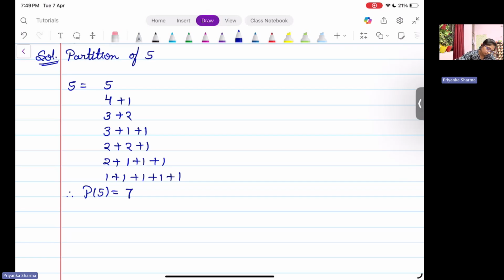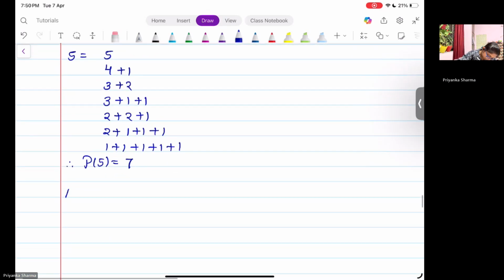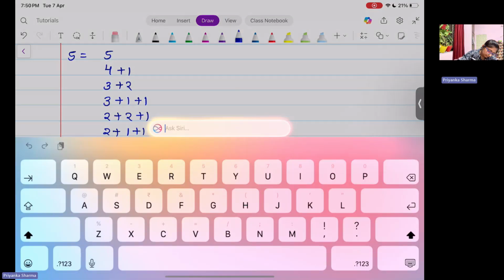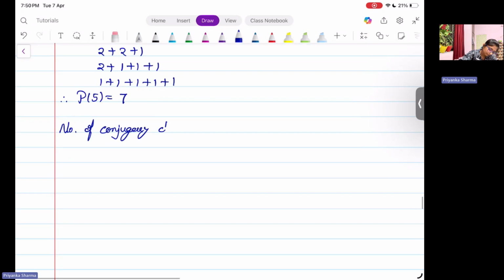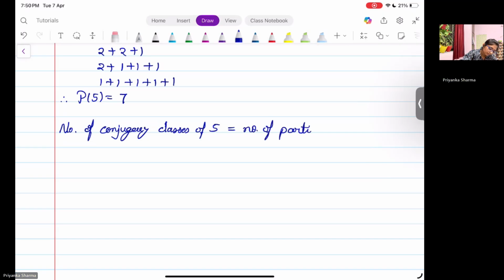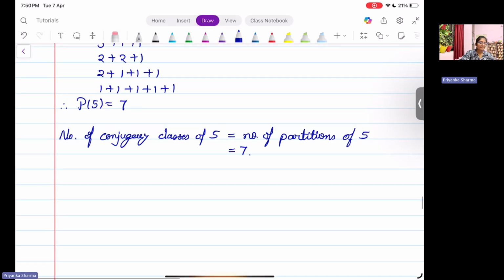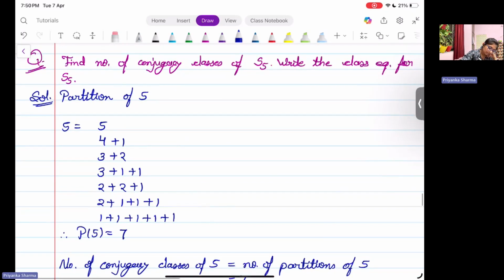Okay, so the number of conjugacy classes of S5 is the number of partitions of 5, that is 7. Okay. Now, what are the class types?